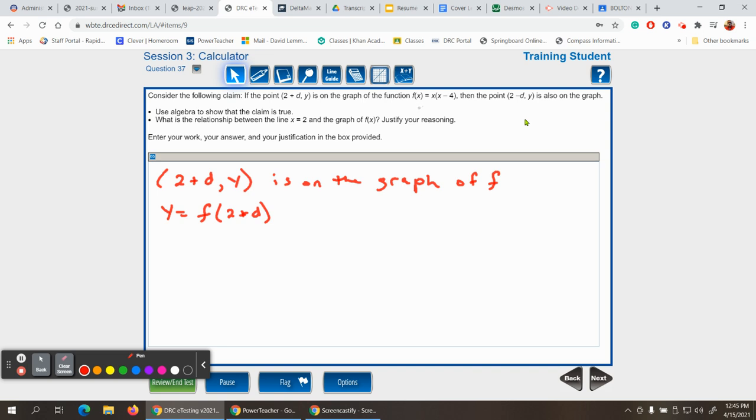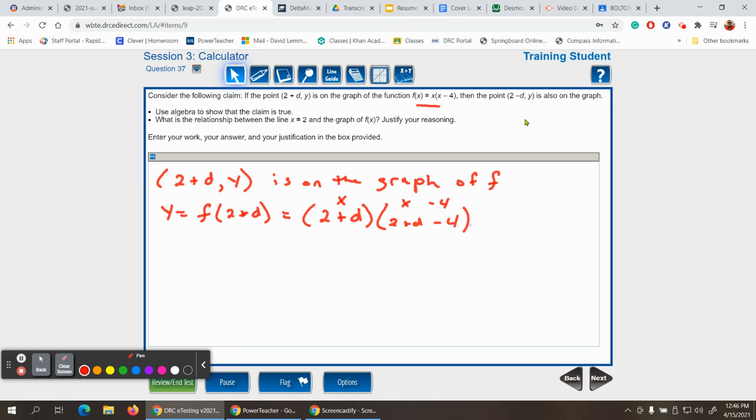Now we're going to plug it into this equation. That's going to equal 2 plus d times, anywhere you have x, we put in 2 plus d. Instead of the x in the x minus 4, we say 2 plus d, and then minus 4.